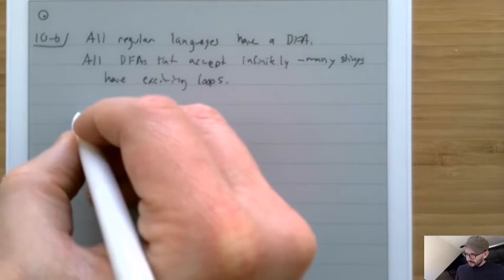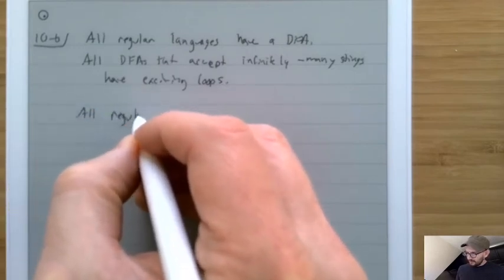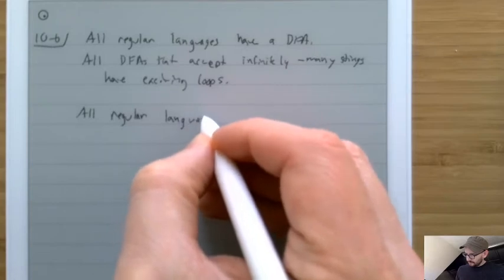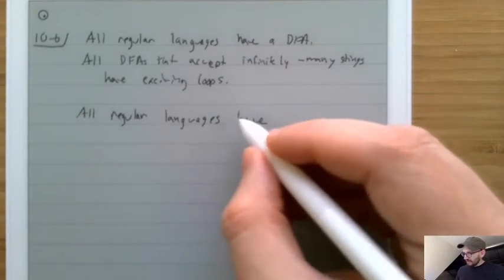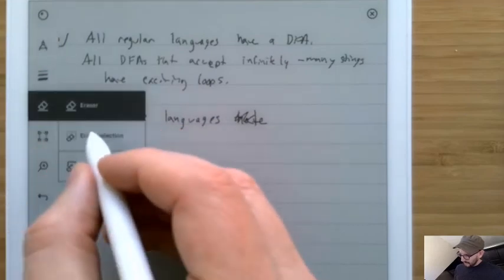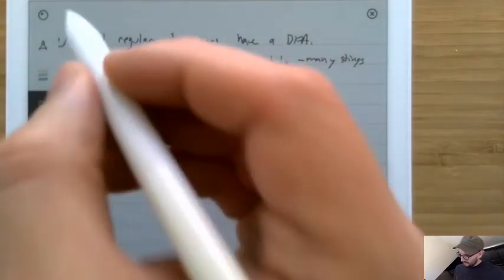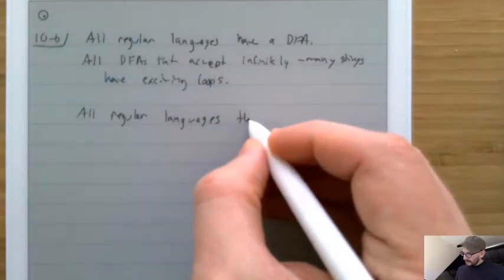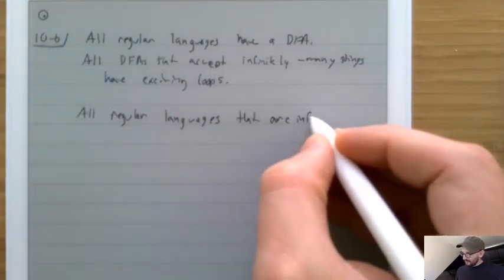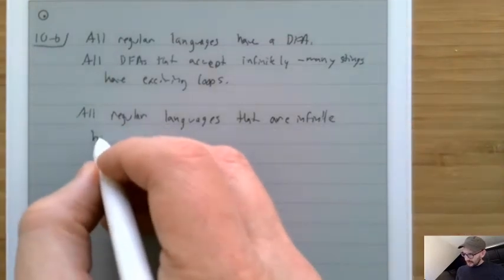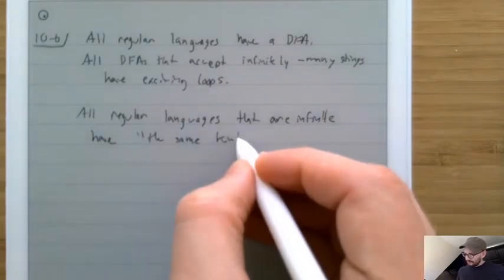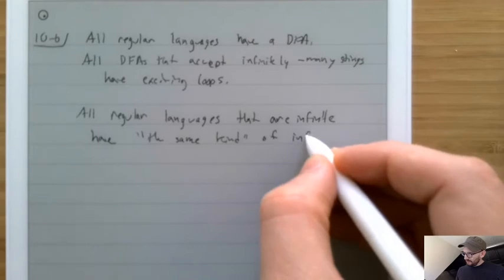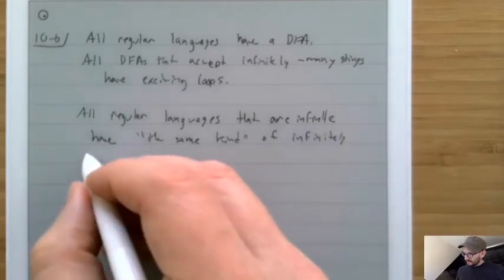Then that means that all regular languages that are infinite have the same kind of infinitely many strings.